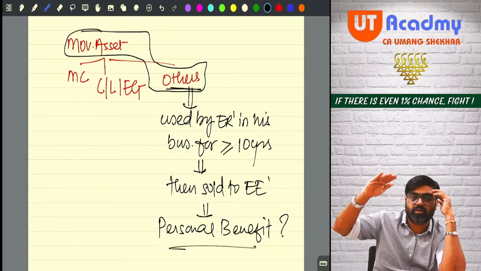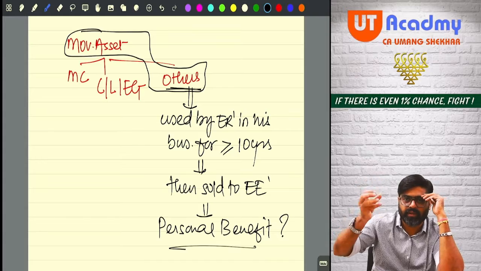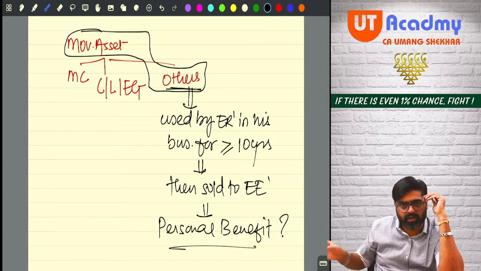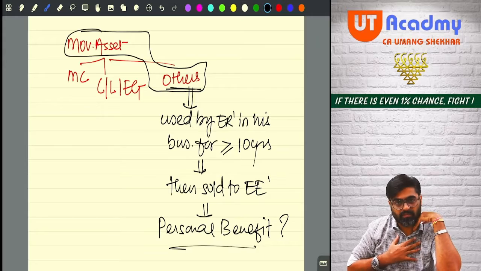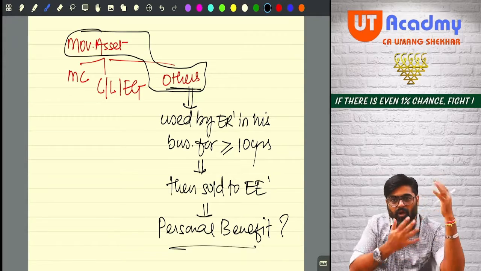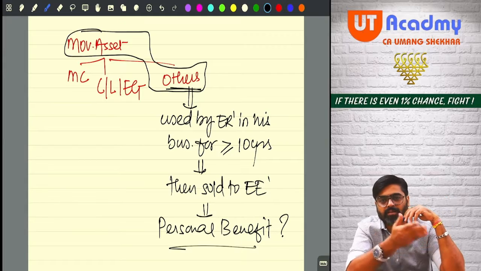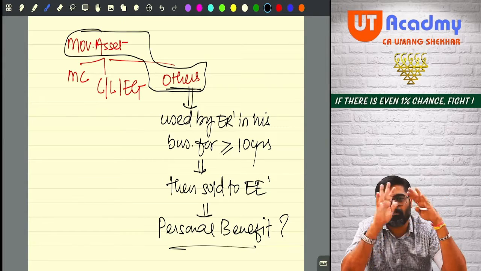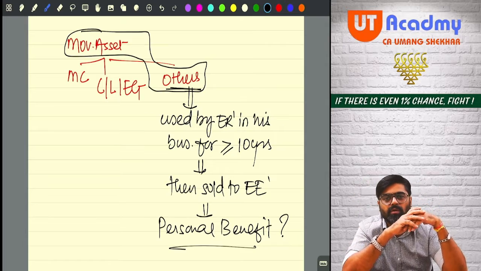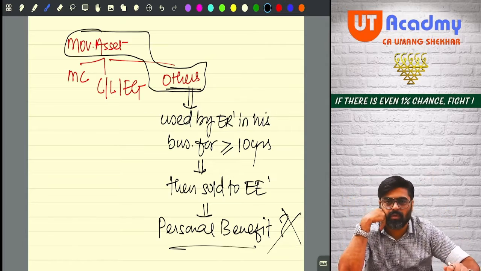So if the cost of the asset was 5 lakhs, 10% every year, 50, 50, 50, 50, 50, wear and tear reduced. So after 10 years of use by the employer, how much value will now remain? Zero. And that asset is sold to you. Will there be any personal benefit for you? The answer is no. There will be no personal benefit for you. Why, sir?